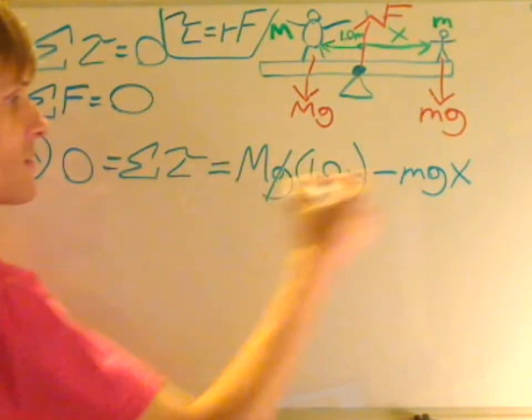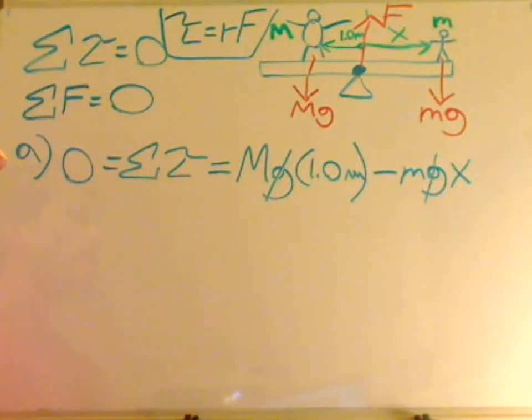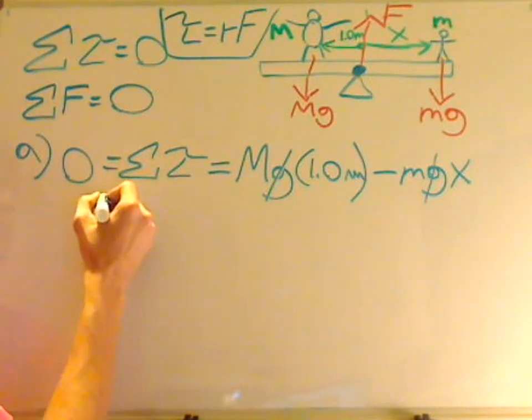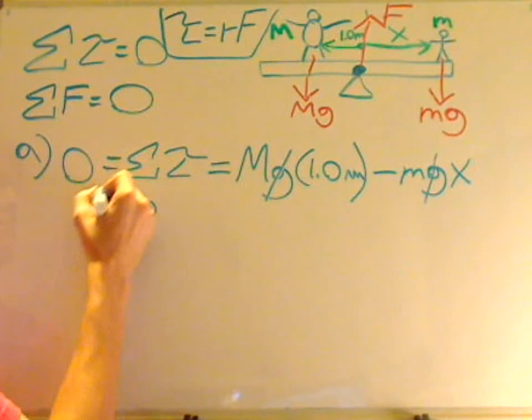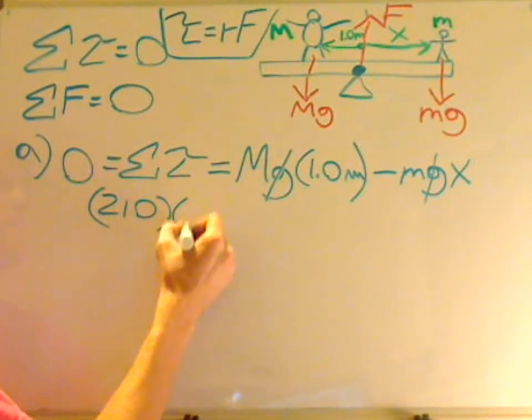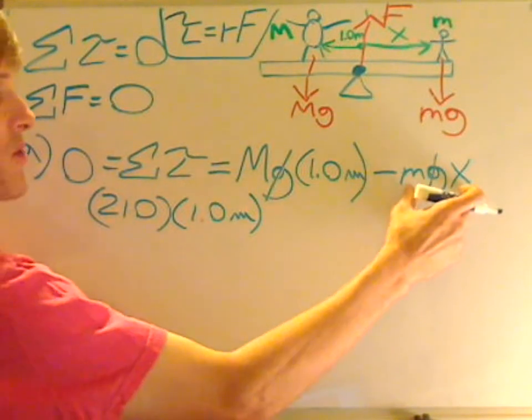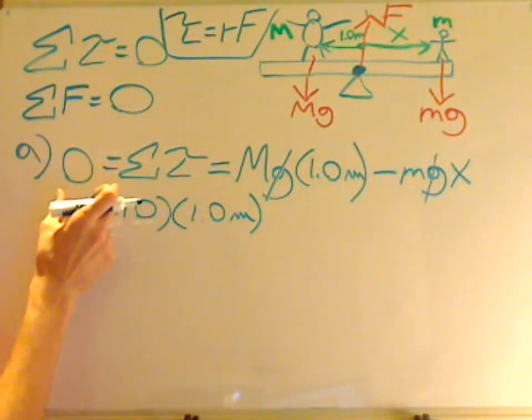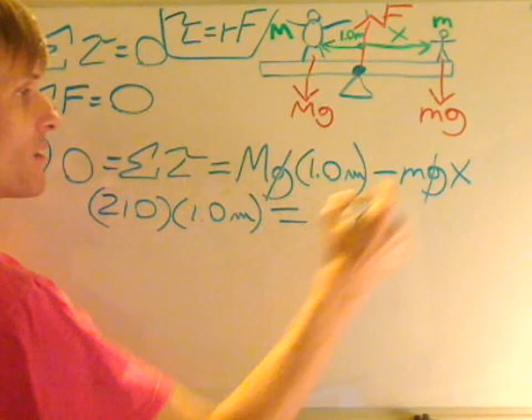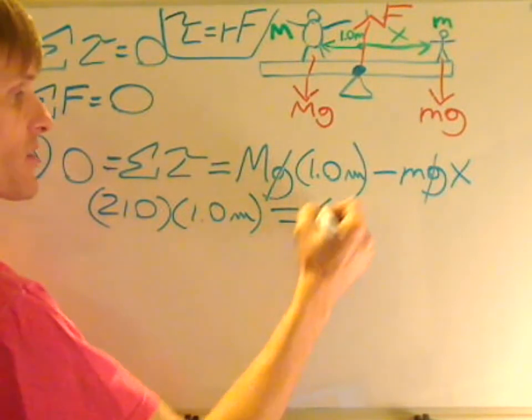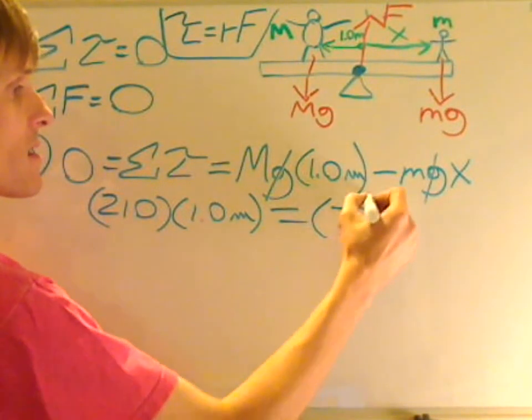So the g's cancel. And we can now put in our values for big M and little m. We have big M is 210 kilograms times 1 meter. And once you add this to the other side of the equation, this has to be equal to little m times x. Little m is 70 kilograms times x.